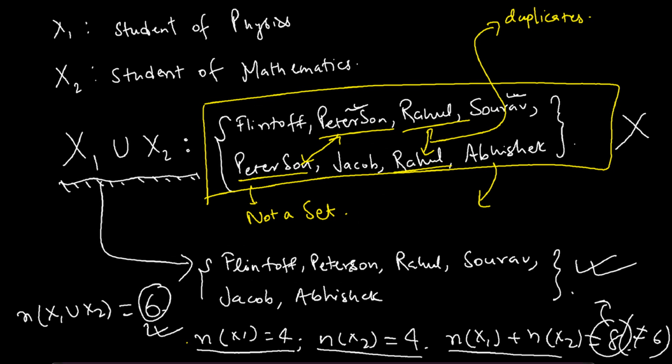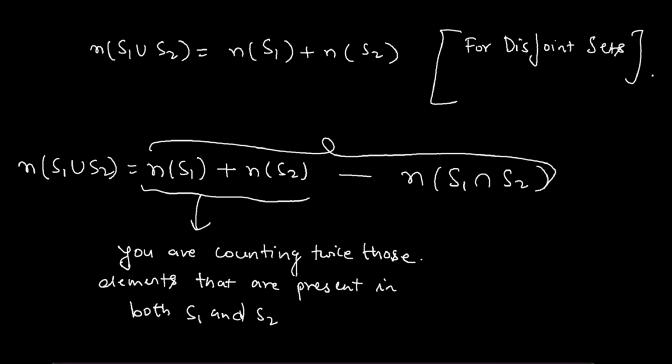So if you subtract 2 from this 8, now you are counting Peterson and Rahul only once. So what is the number of elements in X1 union X2? It is 8 minus 2 equals 6. So this is the general formula. The number of elements in S1 union S2 is equal to the number of elements in S1 plus the number of elements in S2 minus the number of elements in S1 intersection S2.